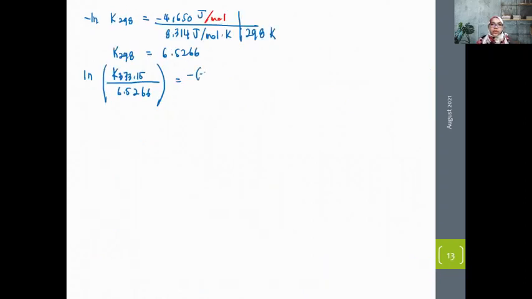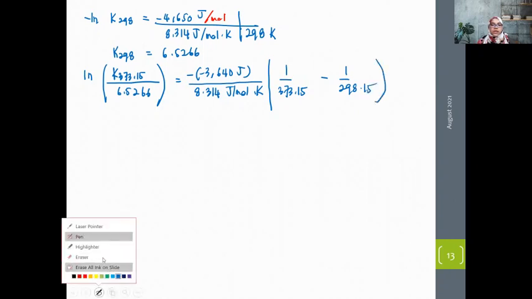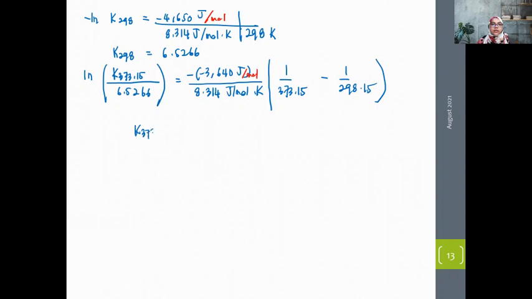It turns to positive 3,640 joule over R, which is 8.314 joule per mole K, and this is also per mole, times 1 over 373.15 K minus 1 over 298.15 K. So we have the value of the equilibrium constant at 373.15 equal to 4.8586.